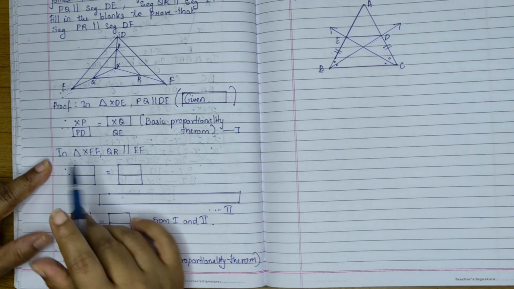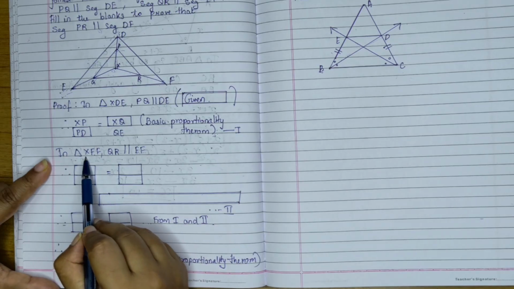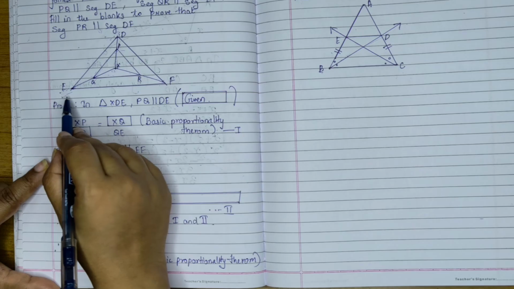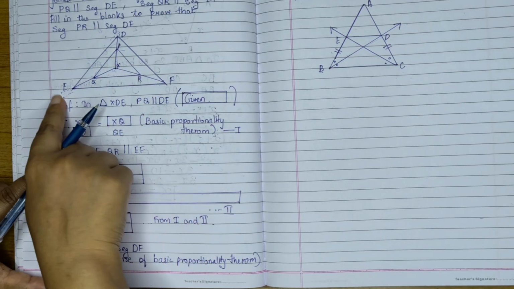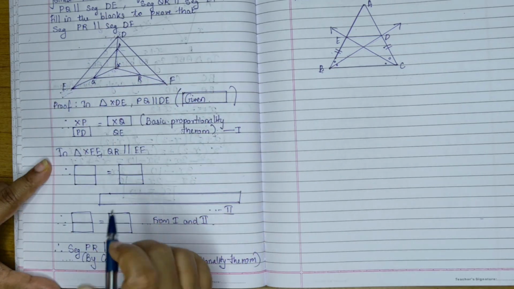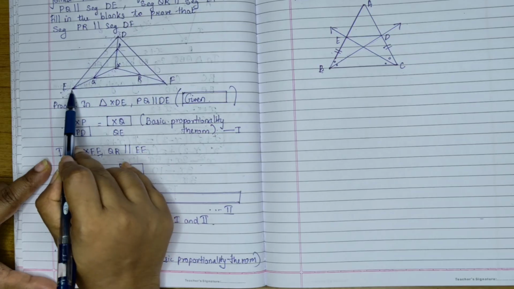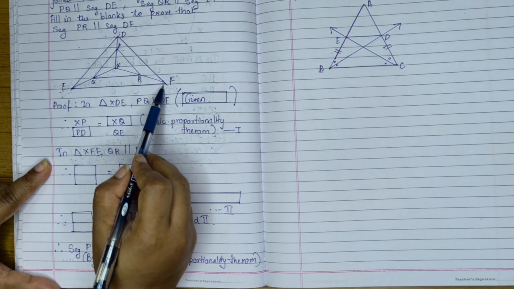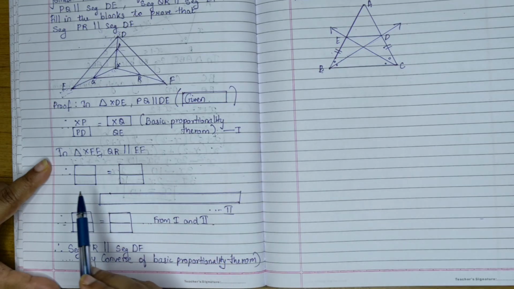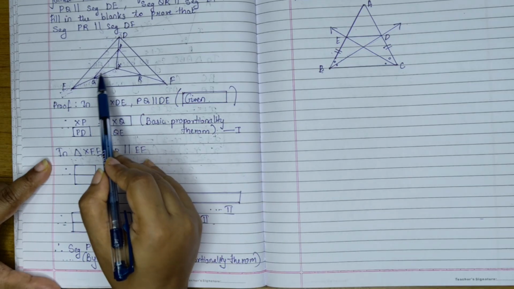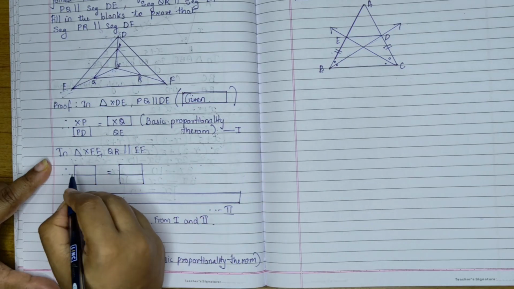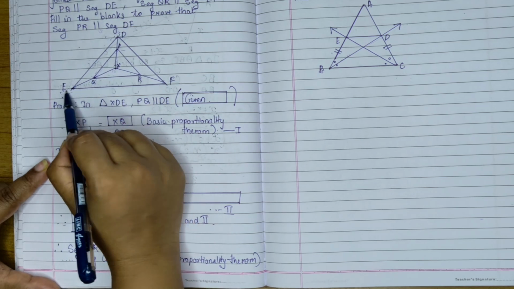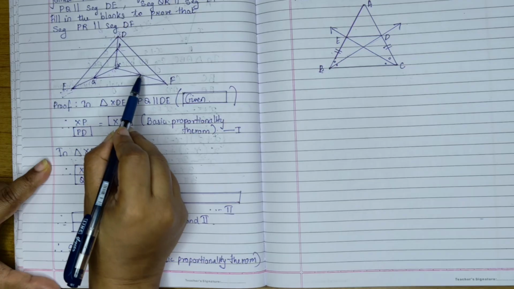Now see the next triangle, XFE. In this triangle, they have said QR is parallel to EF. When these two lines are parallel, again by the basic proportionality theorem, what we get? XQ upon QE is equal to XR upon RF.